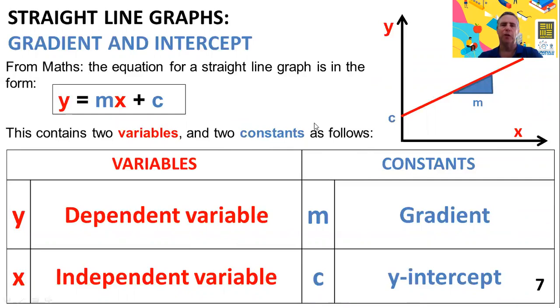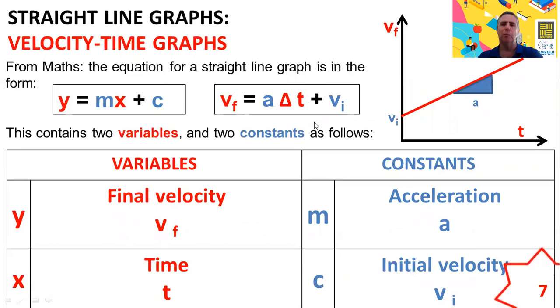Now, of course, instead of y and x, we're going to be putting in real variables. So, for example, in a velocity time graph, your dependent variable becomes final velocity, and your independent variable becomes time. Time must always be an independent variable. In this case, the slope of the graph is just the acceleration, and the constant, the y-intercept, is the initial velocity.